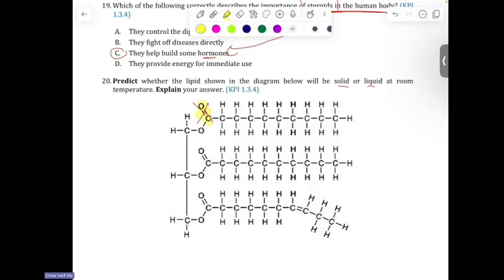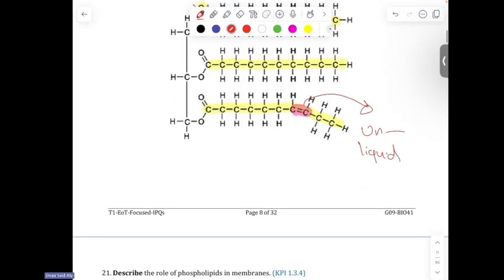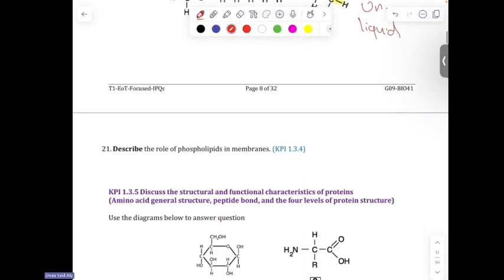Check the first fatty acid. All of them are single. Check the second one. All of them are single. Check the third one. Oh, look at this one. There is a double bond. Whenever you see the double bond, it's unsaturated and it's liquid at room temperature because it has a double bond.